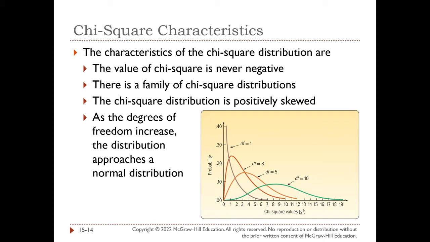The chi-square distribution is positively skewed, kind of like the F. As the degrees of freedom increase, the distribution approaches a normal distribution. So instead of staying mostly positively skewed like F, we can see as we increase, the bell curve starts to actually change a little bit. It starts to become more normal.